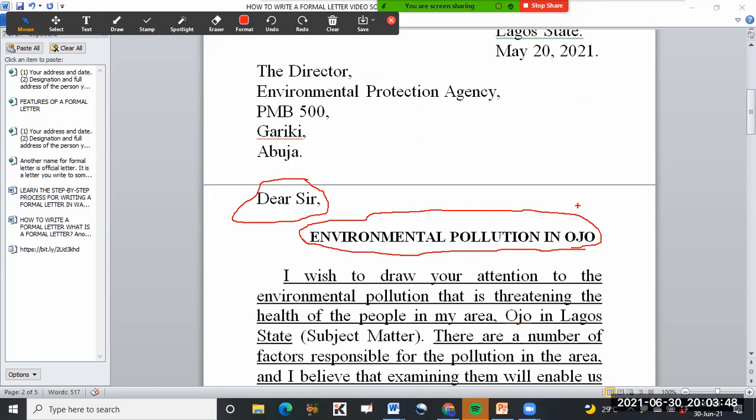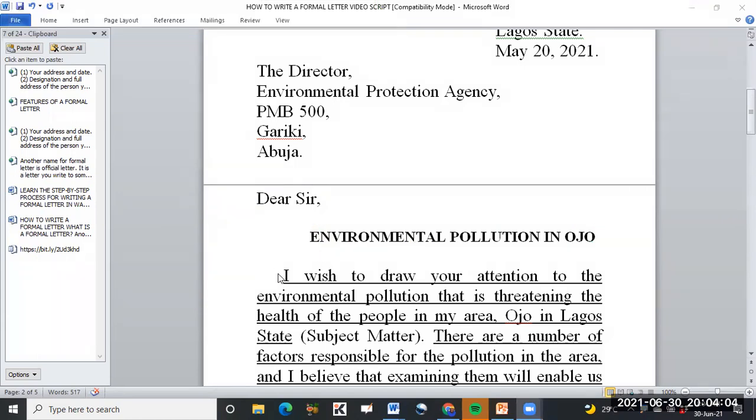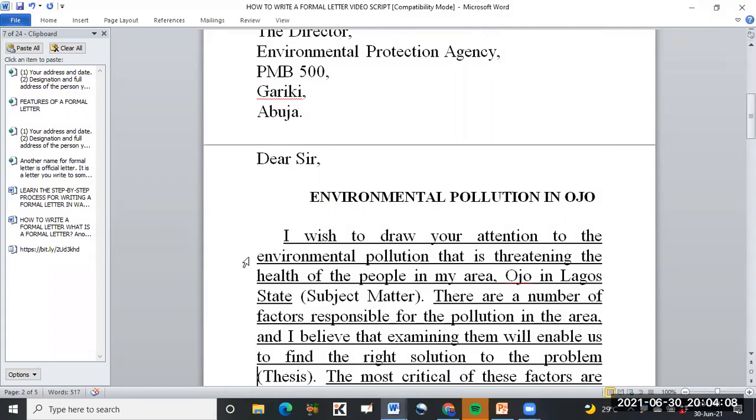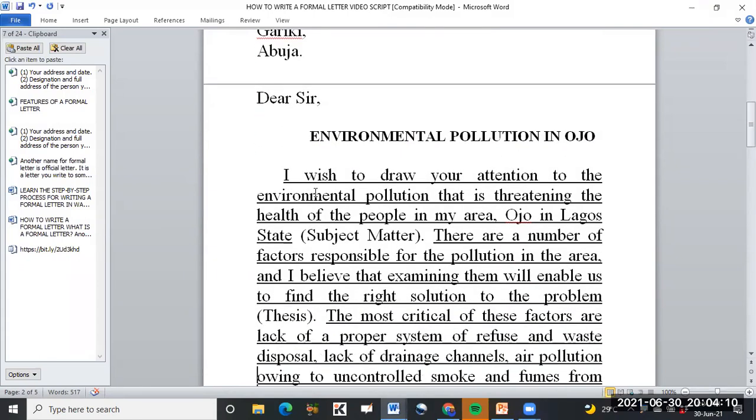Then we name our area Ojo, and then we come up with this heading, environmental pollution in Ojo. All right, so you can see this. That is exactly the way to write it. Now, having said that, then what comes next is the introduction, which is the first paragraph.